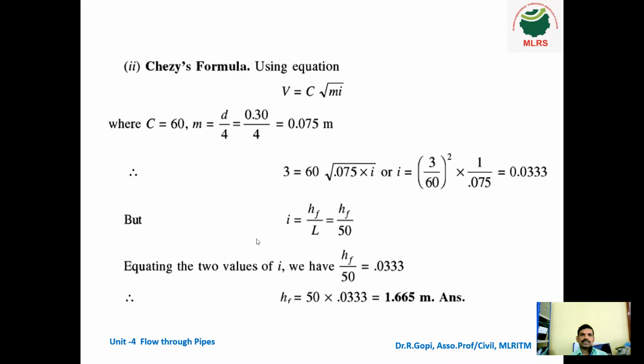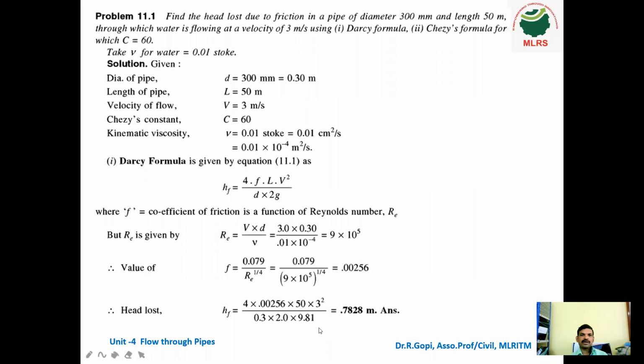Okay, so this is a very simple problem. Once again, I am recalling for you. In this question, they gave the diameter of the pipe, length of the pipe, velocity, Chezy's constant, and kinematic viscosity. Using Darcy's formula, hf is equal to 4fLV square divided by 2gD.